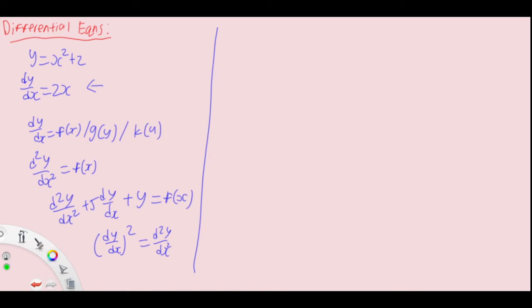So firstly, we have the order of the differential equation. Basically, the order of DEs refers to the highest derivative, the nth derivative, right? So let's say the highest derivative is, let's say, d⁵y/dx⁵, then it will be of order 5, right?